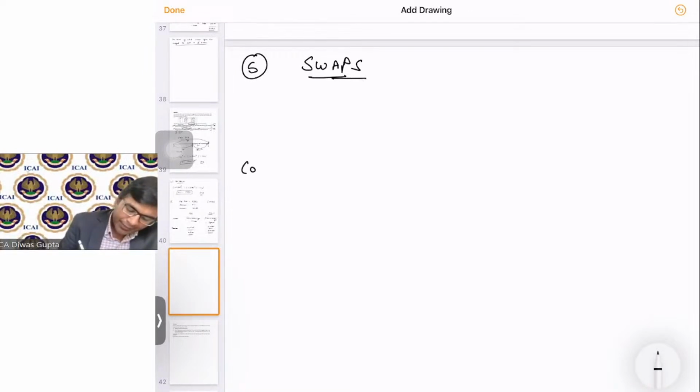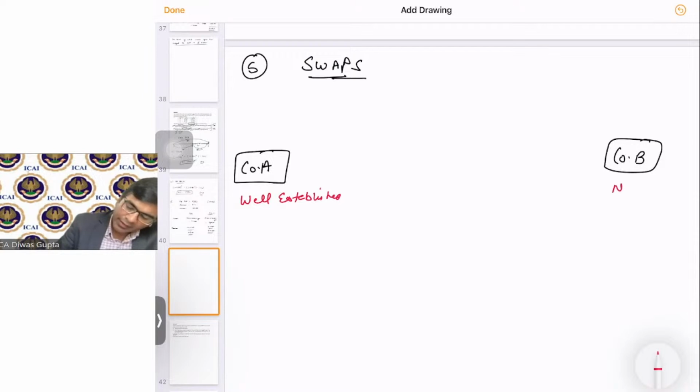There are two companies, company A and company B. Company A is a well established company, while company B is a relatively new company. Company A wants to borrow and company B also wants to borrow. Both of them are in need of funds because company A wants to expand and company B wants to grow. So they need further new investments for which they want to borrow.